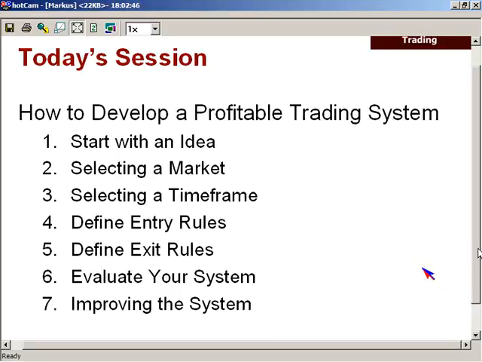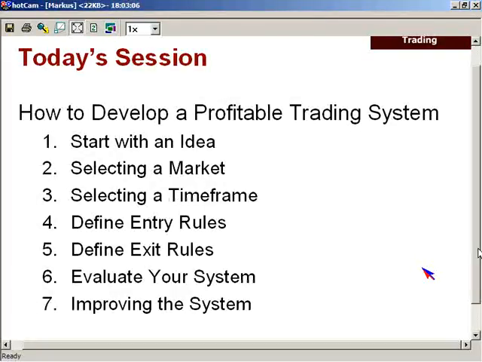The first thing that we need to do, of course, is start with an idea, and we'll talk about this in a little bit. Then we select a market. After this, we start selecting a time frame. We then need to define our entry rules based on the original trading idea that we had.